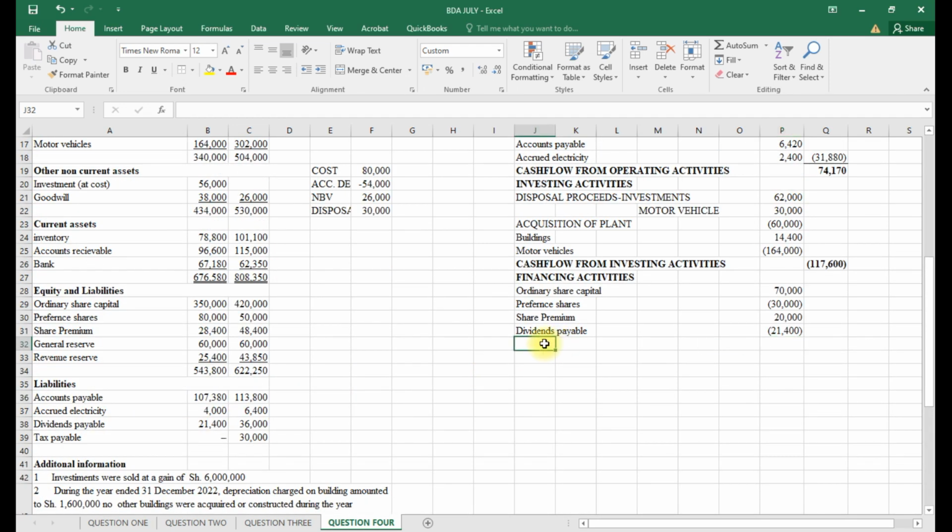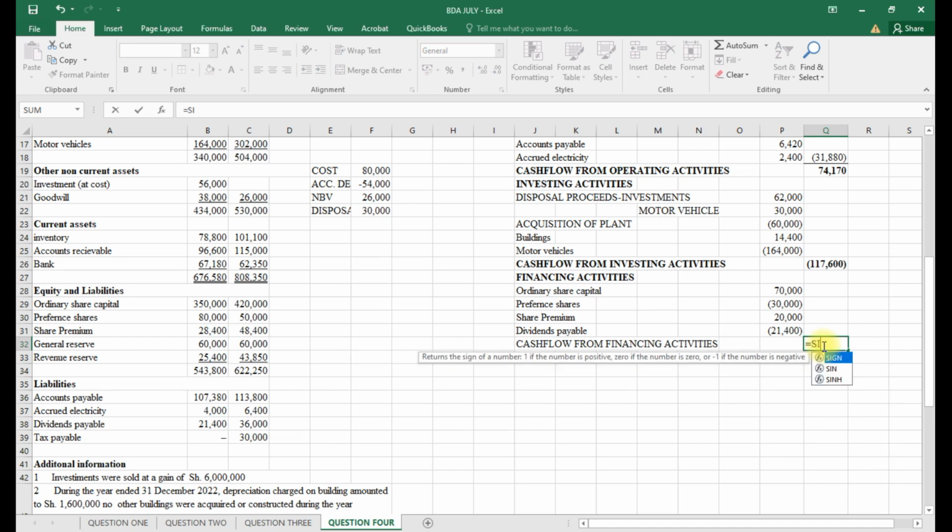So our cash flow again from that section, cash flow from financing activities. It will be a sum. Just need to add this, and I enter, get a sum of that value.